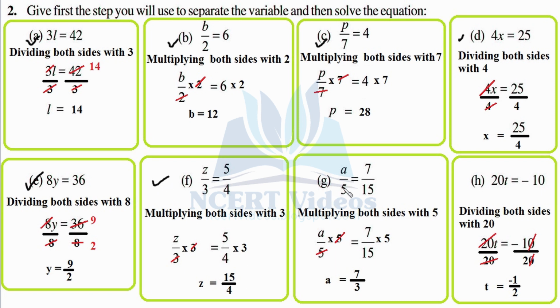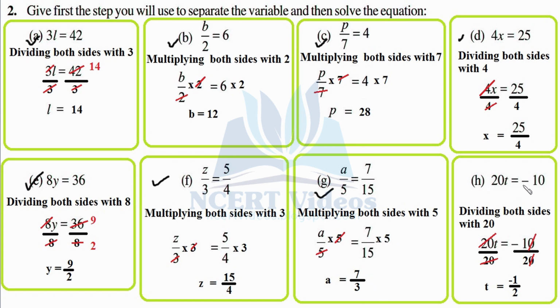G part, a upon 5 equals 7 upon 15. So it is in division, so we'll have to introduce multiplication by the same number. Multiplying both sides by 5, this thing as it is, this thing as it is, introduction of multiplication by 5 on both sides. 5 5 cancel, a is separated, 7 fives are 35 over 15, or you can straight away cut here, 1 five is 5, 3 fives are 15, so 7 over 3.